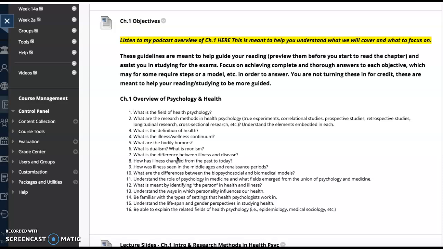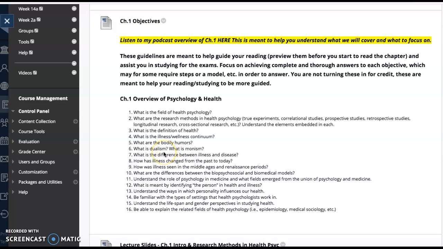So back before we had microscopes and high-tech imaging and ways of examining the human body, people were pretty much guessing at what might be wrong with a person when they were ill. And so depending upon what came out of you, bile or blood, might be indicative of something that was wrong with you. And that's the idea there.